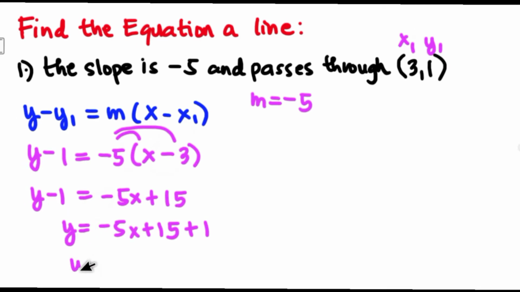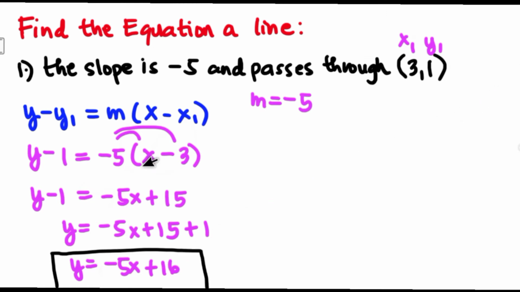So, y is equal to negative 5x, copy natin. And then 15 plus 1 is 16. So, the final answer is y is equal to negative 5x plus 16. The equation of the line that has a slope of negative 5 and passes through the point 3, 1 is y is equal to negative 5x plus 16.